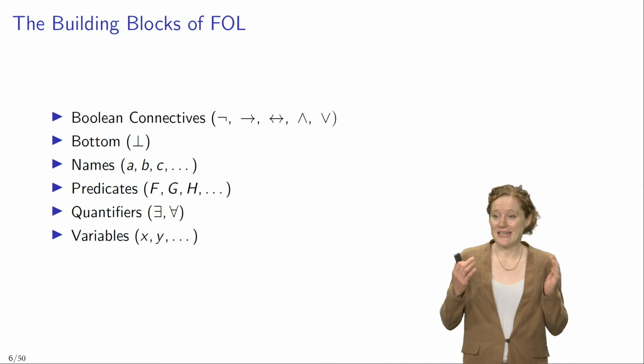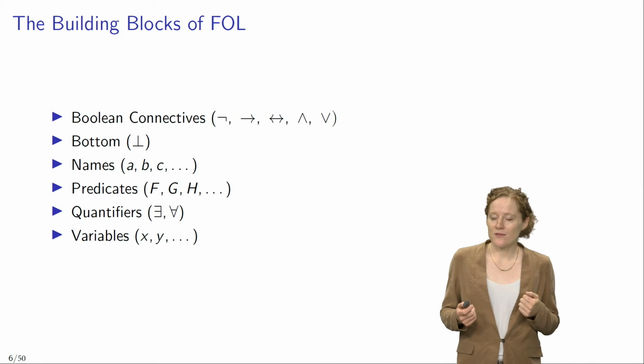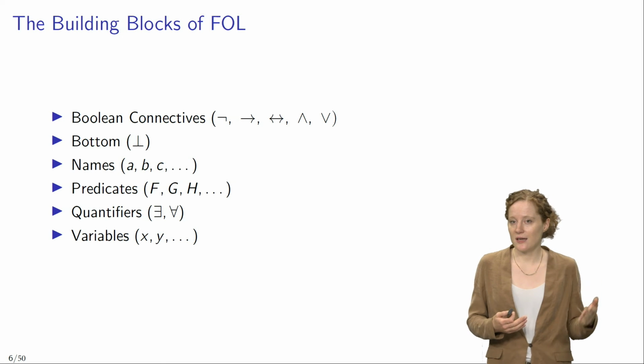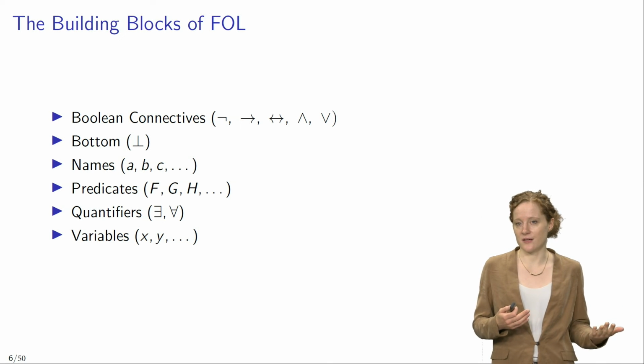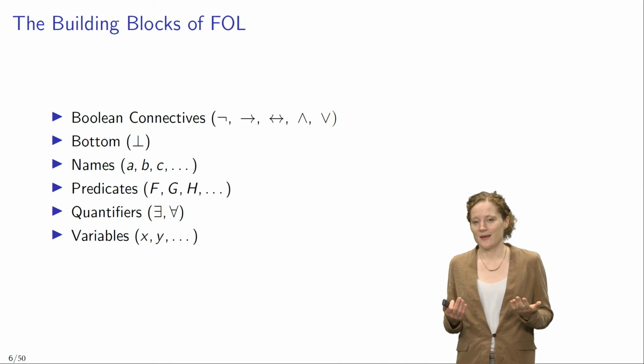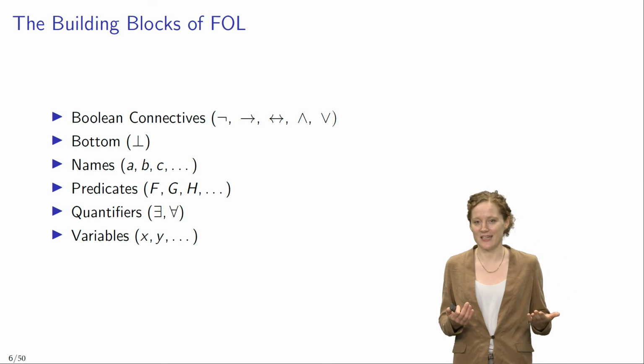Next, we have names. That's new, we didn't have names before. We will represent names by means of lowercase letters from the beginning of the alphabet. So A, B, C, and so on and so forth. Next, we have predicates, and we are going to represent predicates by means of capital letters such as F, G, H, and so on and so forth.